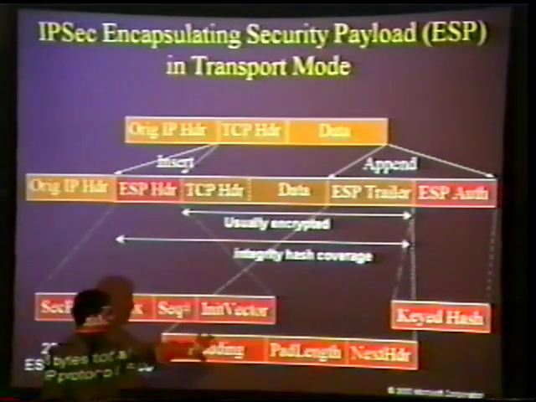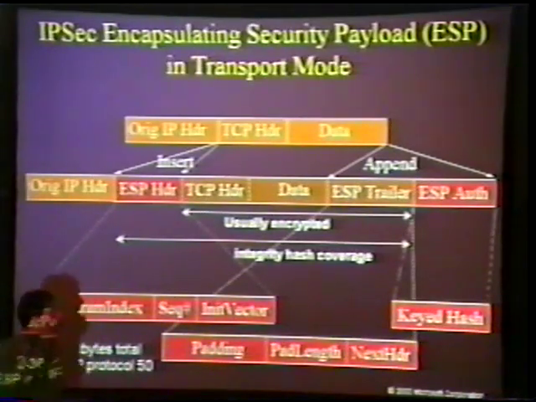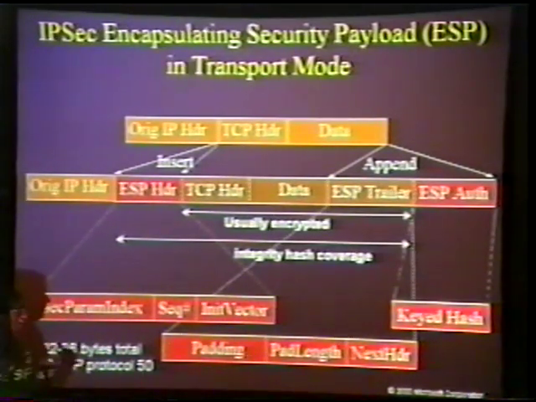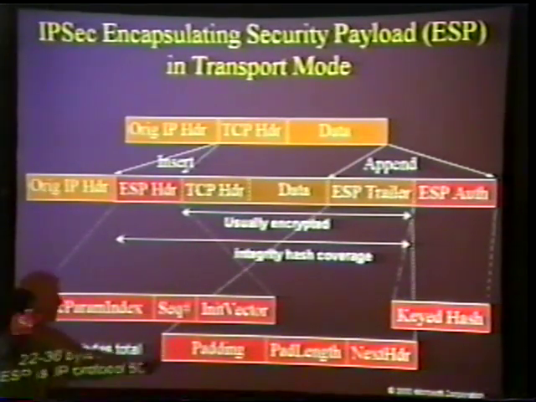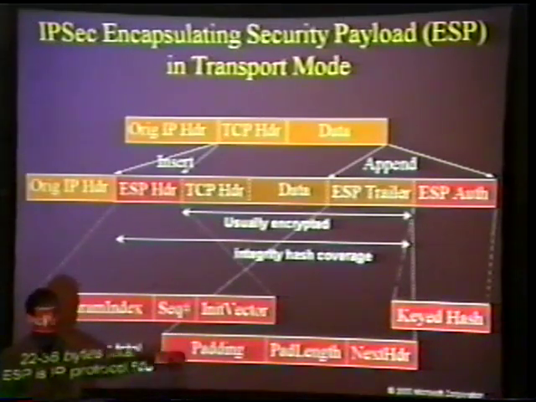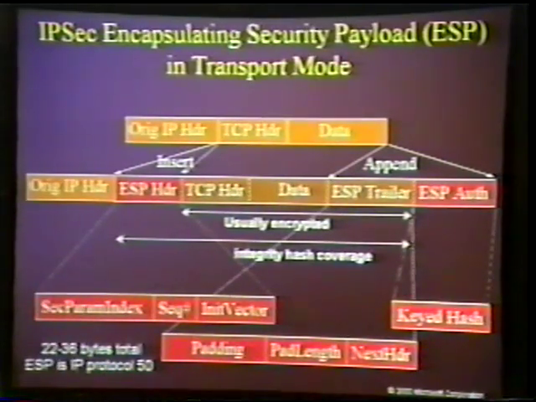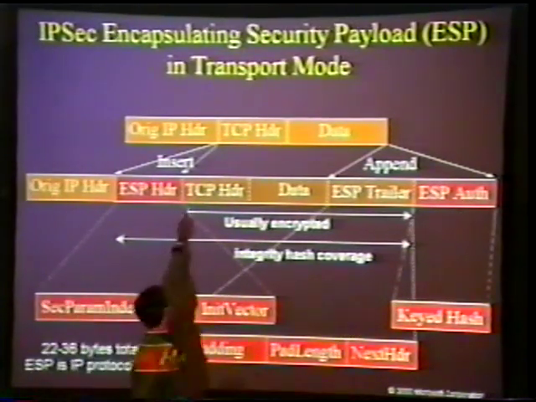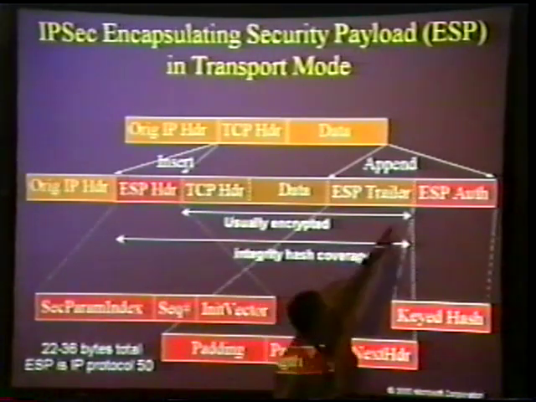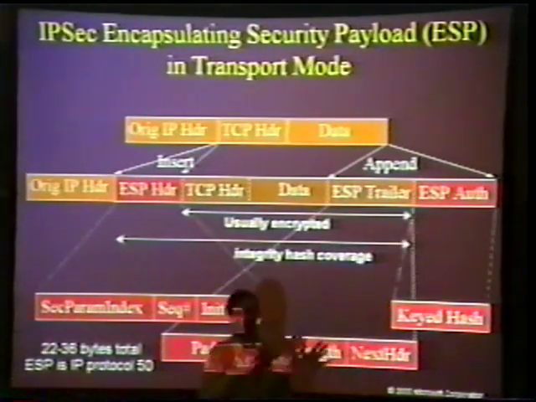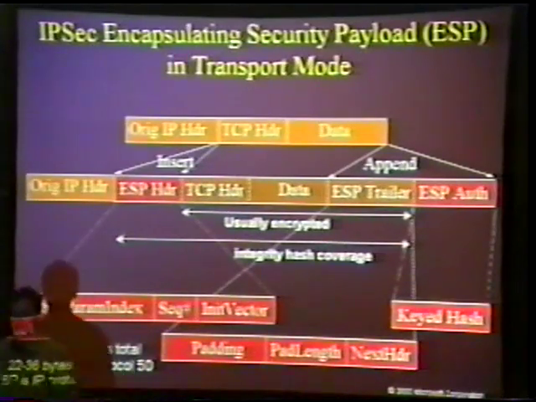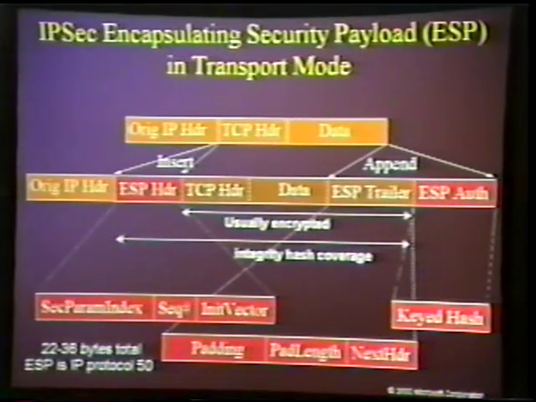The padding is, as Dan said, there to allow you to have fixed size packets. And it turns out, in the standard, you're supposed to be able to add 0 to 255 bytes of padding to a packet. Almost all implementations add only the padding that they need to get the data that they're going to encrypt, meaning from this point to this point, aligned on a 64-bit boundary, because that's what DES and triple DES operate on, 64-bit blocks.